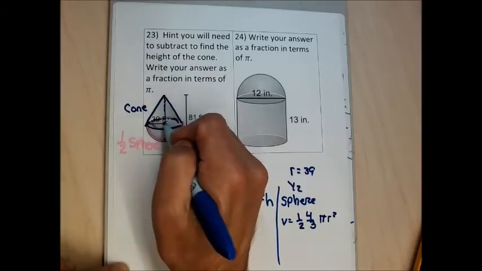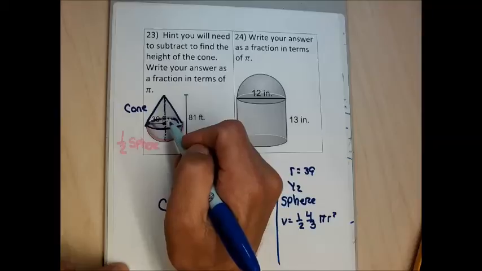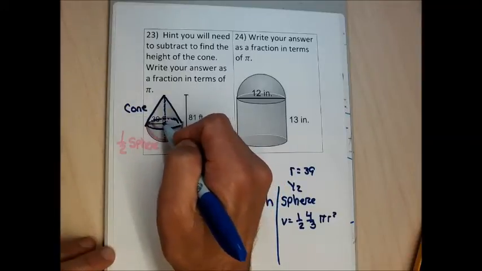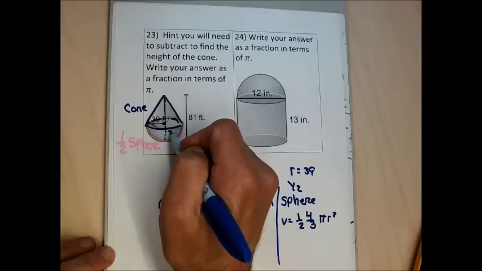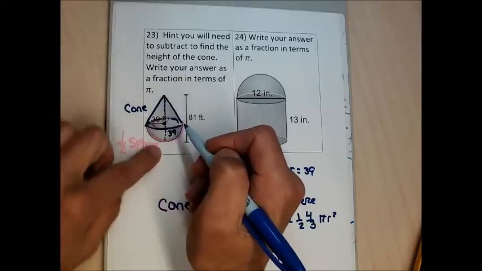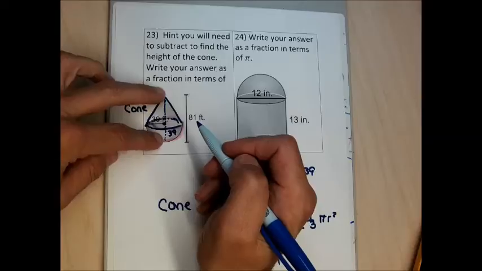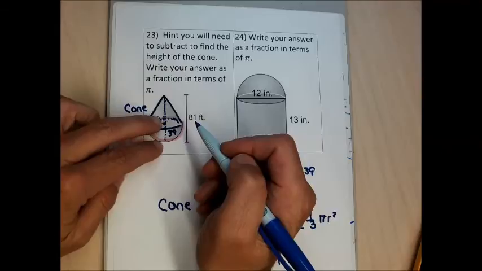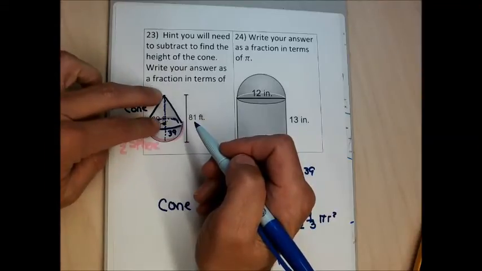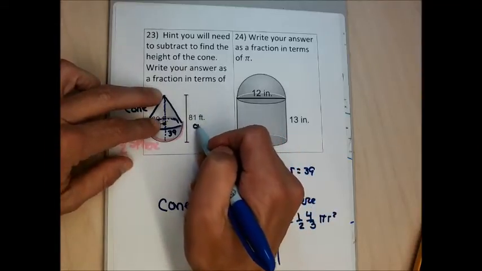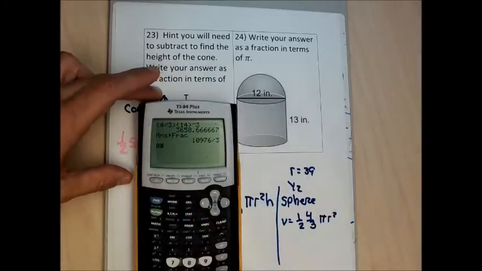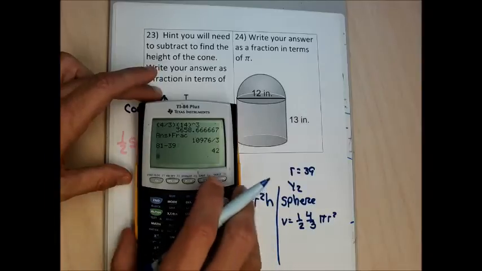It passes right through the center, and the tricky part is to know that the distance from the center of the half sphere to the bottom of the sphere is 39. So of this 81 feet, 39 of it is from the sphere, and the difference between the 81 and the 39 is the height. The height is actually going to be 42.